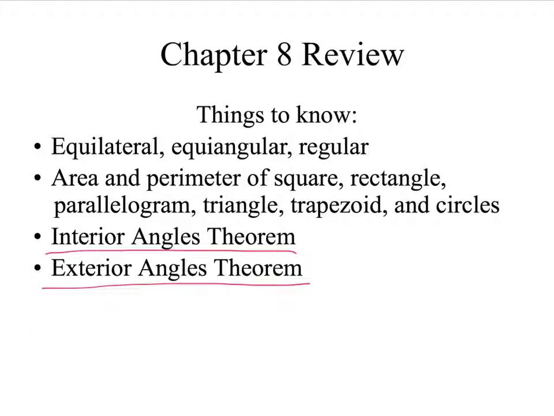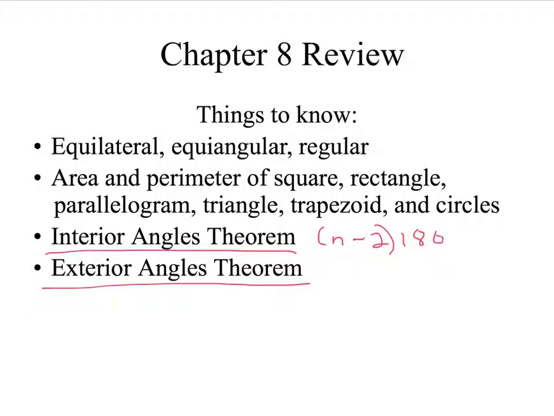Okay, these two theorems. Remember, the interior angles theorem is n minus 2 times 180, n being the number of sides we have, because we're figuring out our diagonals. Remember, we find our diagonals and we multiply by 180. Exterior angles theorem, it does not matter what shape it is. It needs to be a polygon, but it could be a pentagon, a heptagon, a dodecagon.